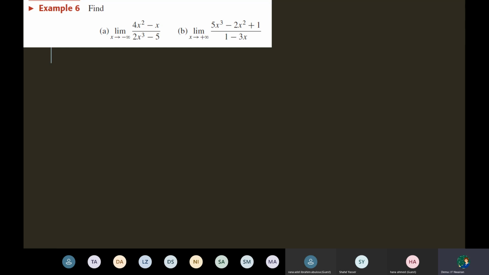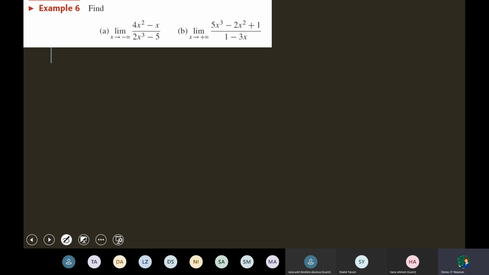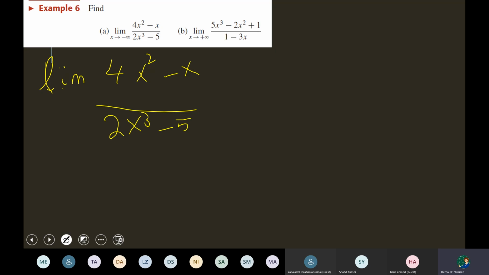So here, for the first way I can use, I can ask myself, what is the highest power, which is x cubed? I will try to solve this one with the longest way first. The limit of 4x squared minus x over 2x cubed minus 5 when x approaches negative infinity.